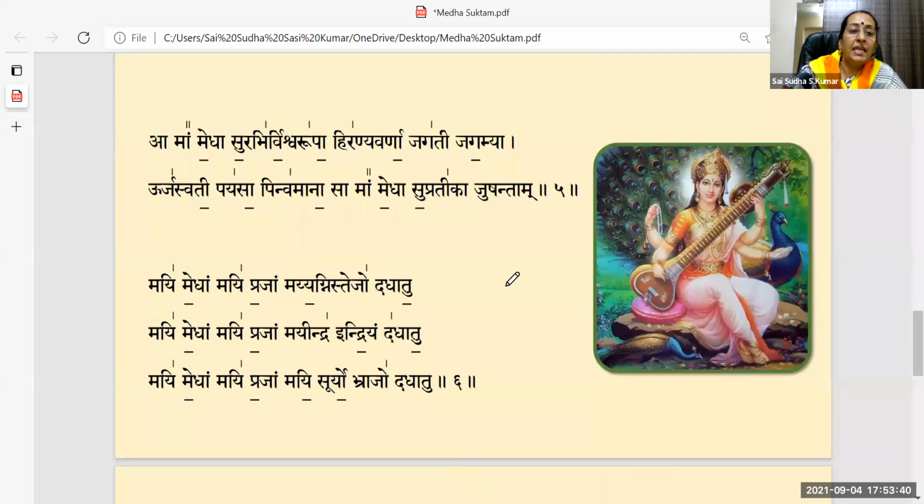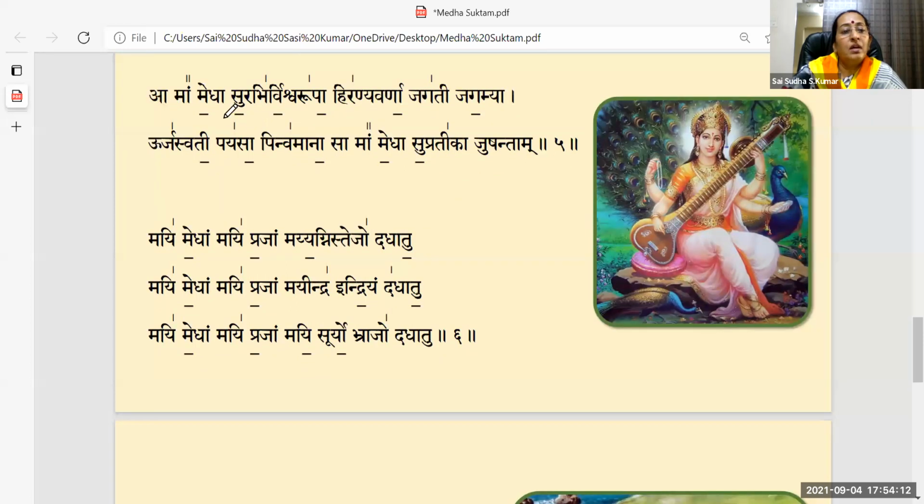Then Ama Medha Surabhir Vishwarupa. Here again, it is not Surabhir Vishwa, it is Surabhir Vishwarupa. Hiranya Varna. Here again, not Varuna; Hiranya Varuna we don't have to say. It is Hiranya Varna Jagati Jagamya.